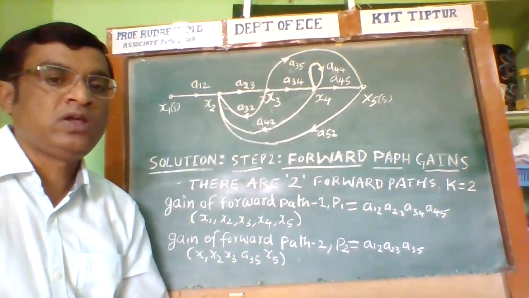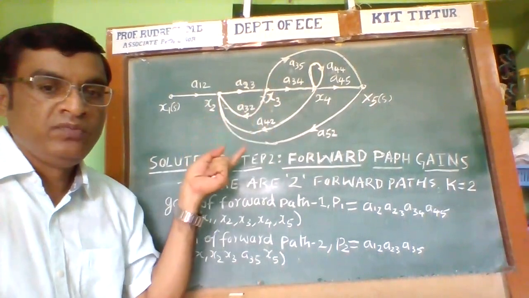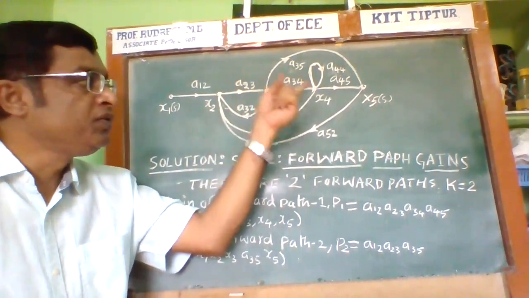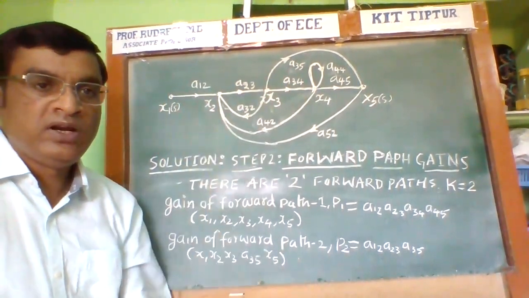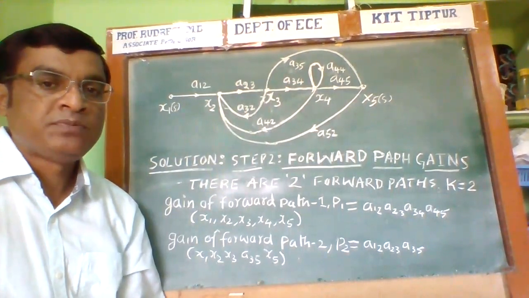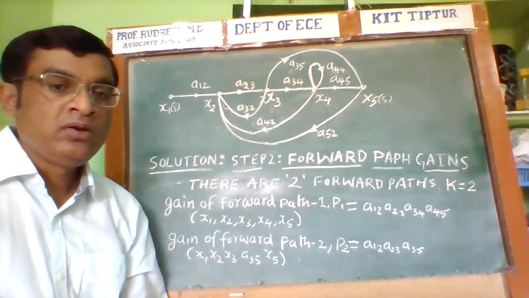In the next step, you need to identify the loops from the graph, and after identifying the loops, you need to find the loop gains.